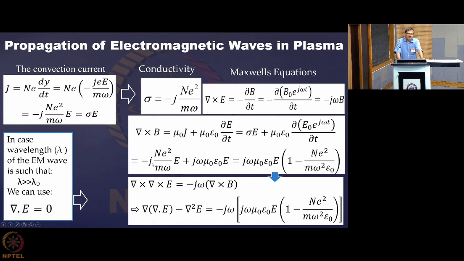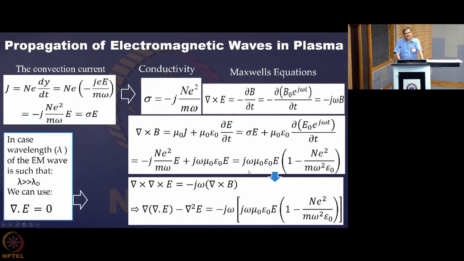So you assume that it is there, then you take out j omega mu 0 epsilon 0 E, then this part gives you 1, and this negative part is there, and j you have taken out, so it is giving you n square, because it had no epsilon 0 and you have taken epsilon 0 out. So this is giving you m omega square epsilon 0 over here. So 1 minus n square by m omega square epsilon 0. Okay? So this is what you are getting.